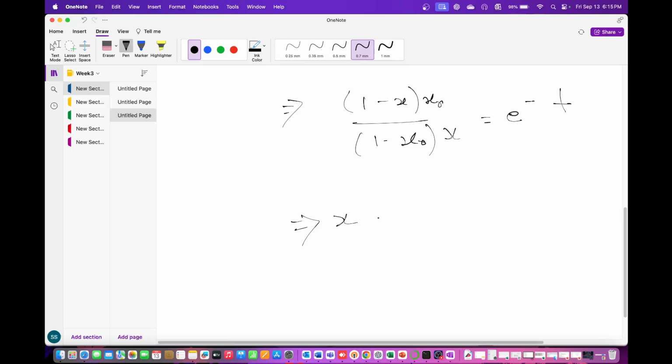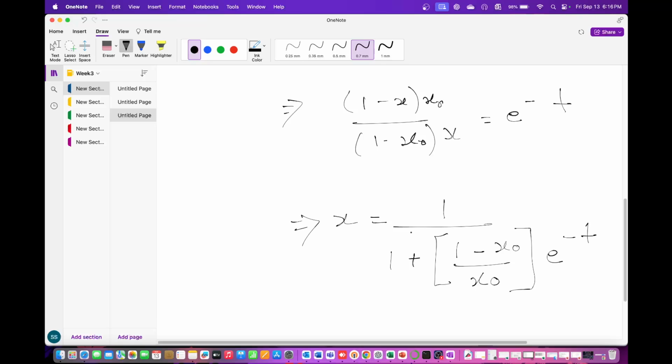I'm just writing the equation here, I have already solved this. If you rearrange the terms with x on one side and x naught on the other, it becomes something like this, with the term 1 minus x naught by x naught e to the power minus t.